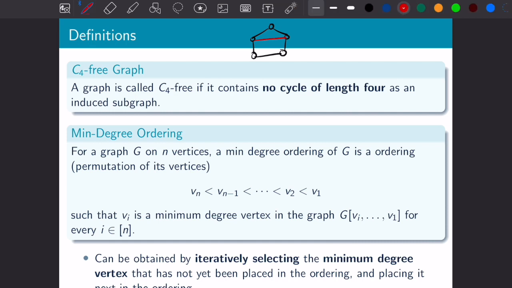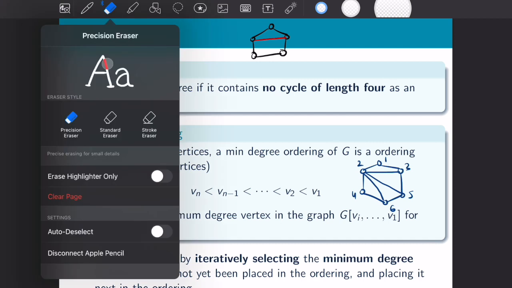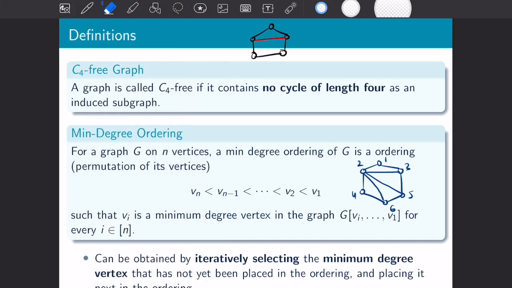So just for a quick example, if this is our original graph, and the vertices are numbered 1 2 3 4 5 6, then what we do in this graph is find the vertex with minimum degree.